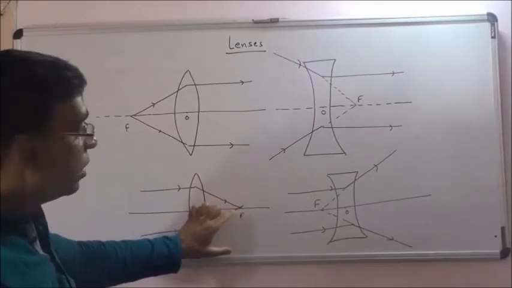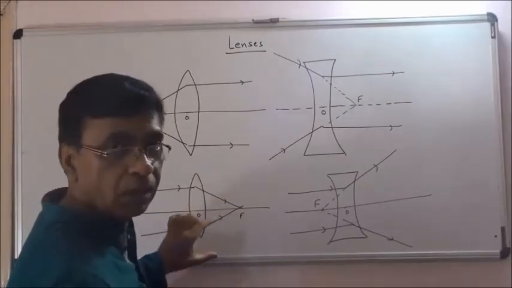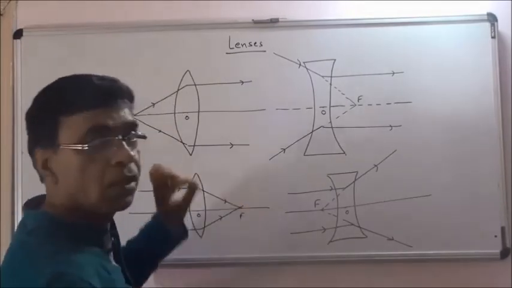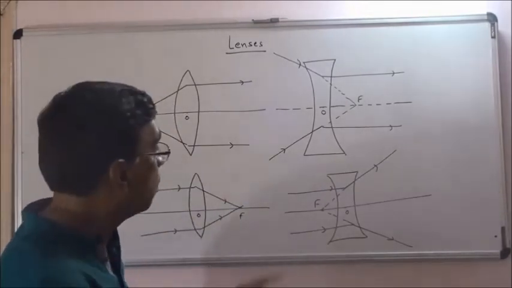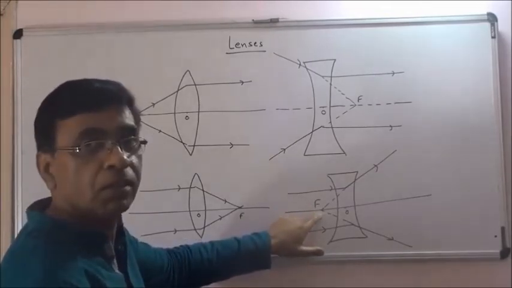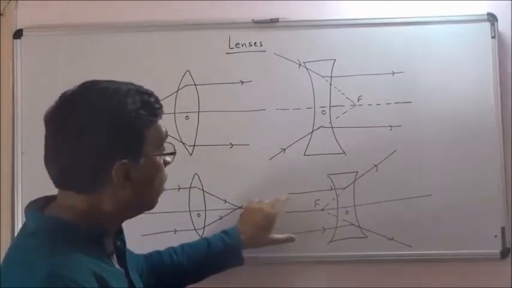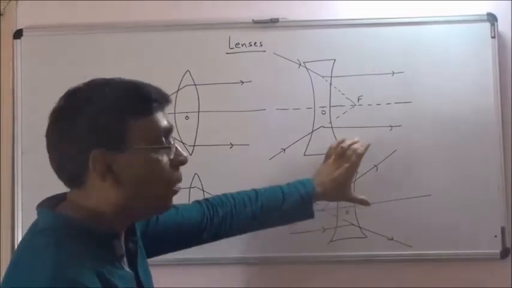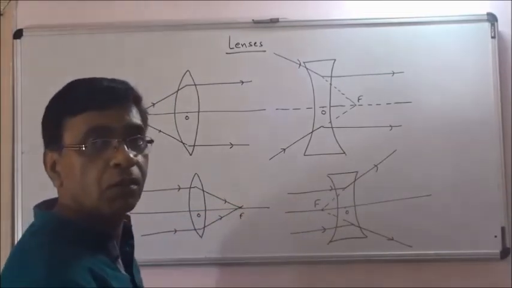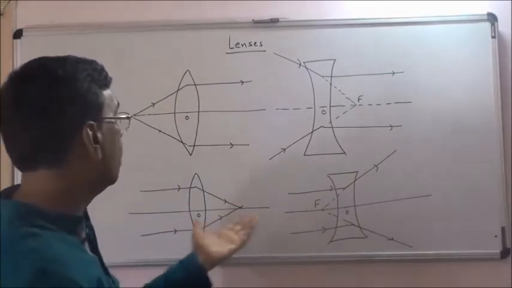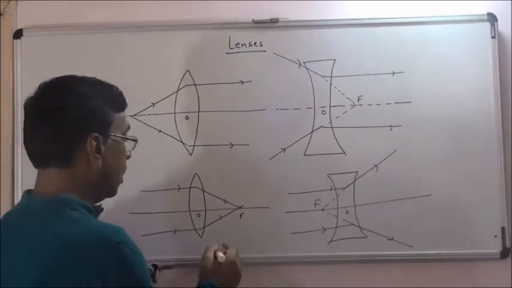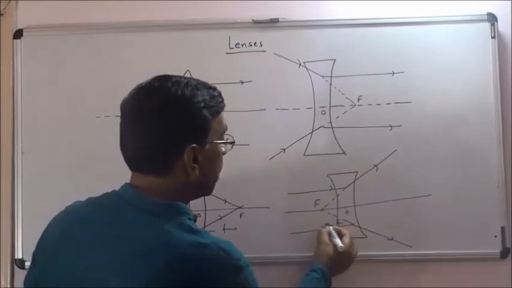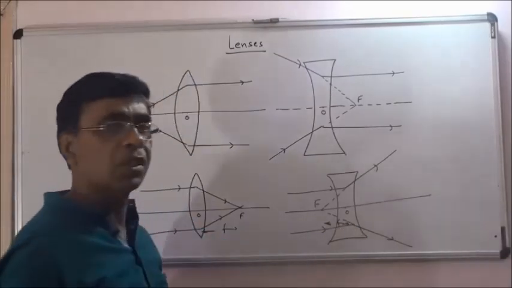How can we define this focus? A point at which the rays initially parallel to the principal axis converge after refraction from the lens. A point on the principal axis from where the rays initially parallel to the principal axis appear to come after refraction from the lens. This is how we define this focus. And focal length, this distance, sign convention I told you here also same as for mirror.